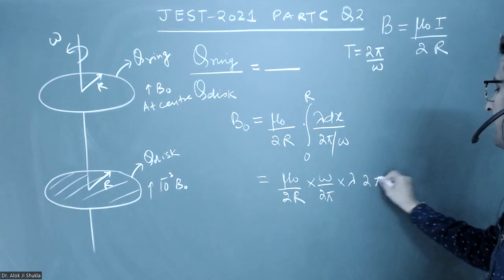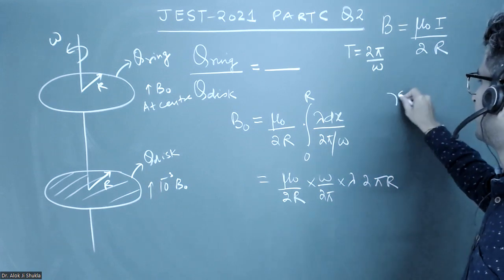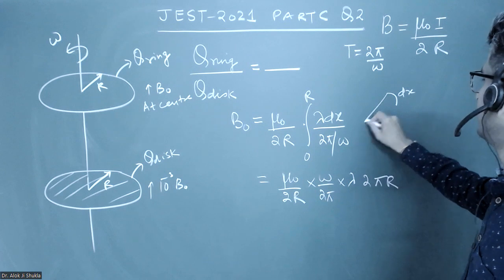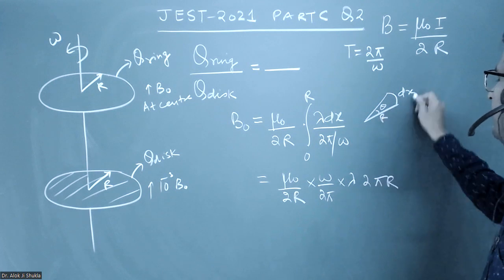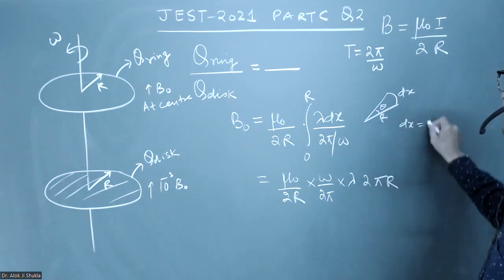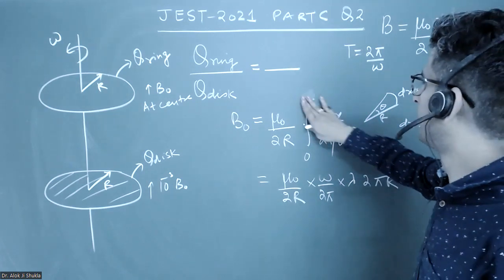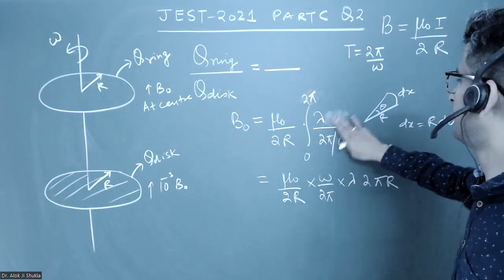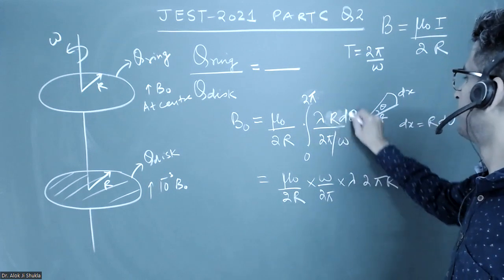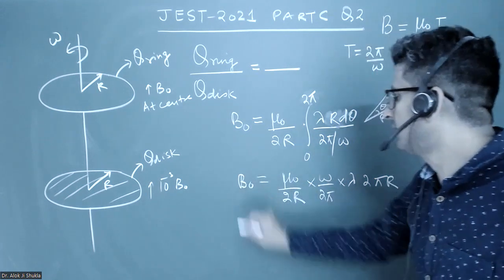It will be 2 pi r. This small arc, which is dx, makes an angle theta with radius r, so dx should be written as r d theta, with theta integrated from 0 to 2 pi. Just substitute dx as r d theta and integrate, so it becomes lambda into 2 pi r. This is the value of B naught.